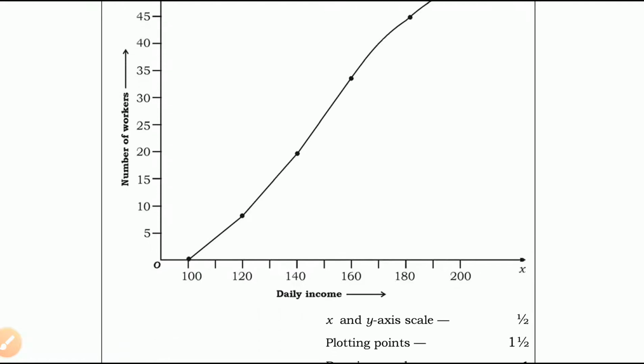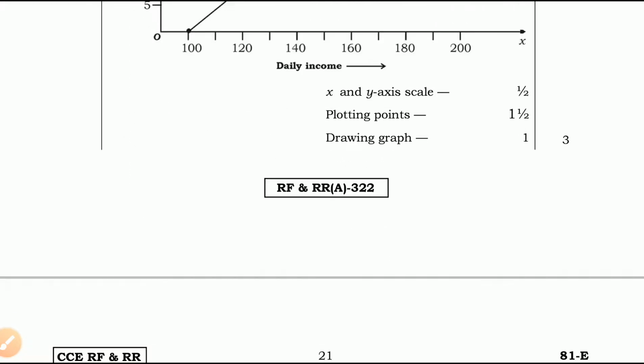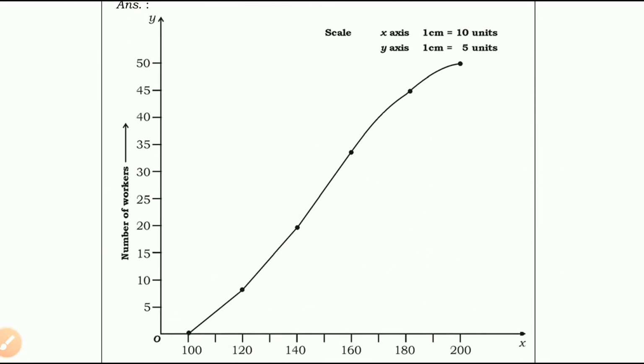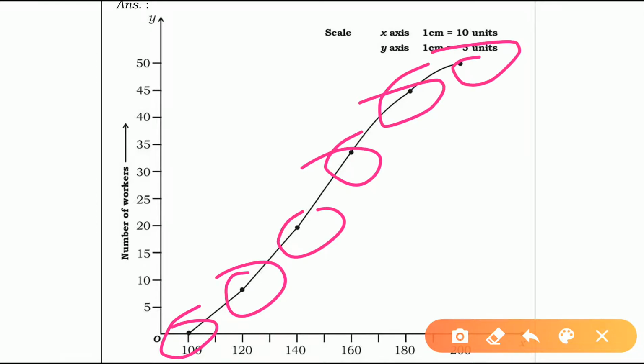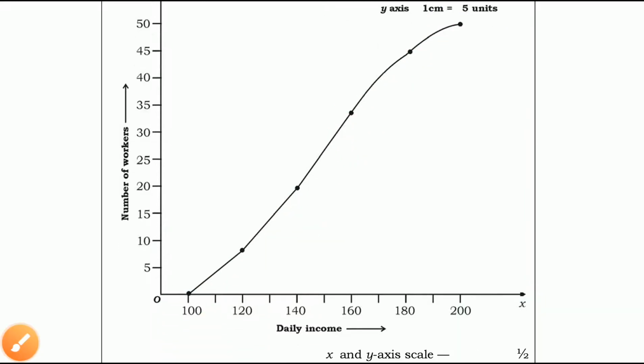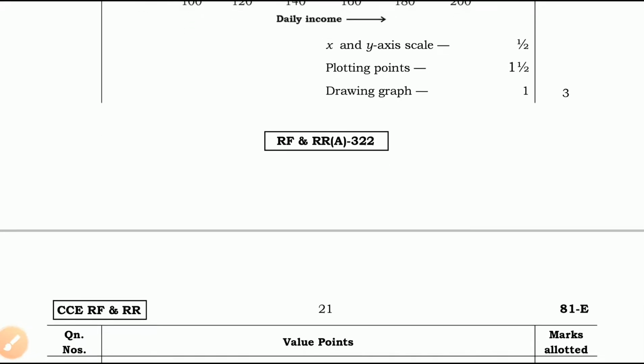By using the given table, plotting the graph like this. Here this point and this point, this point, this point, this point and this point, we get the curve like this. This is the less than type ogive.